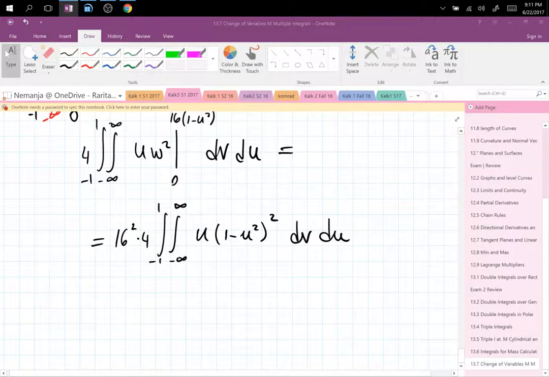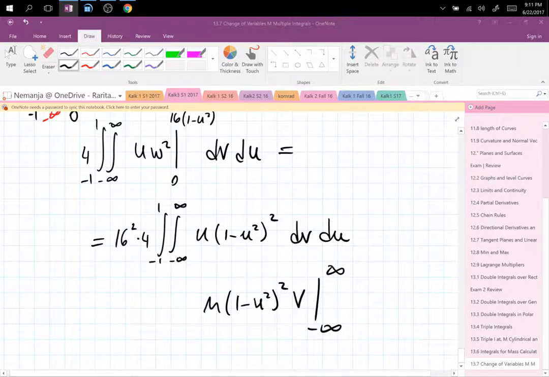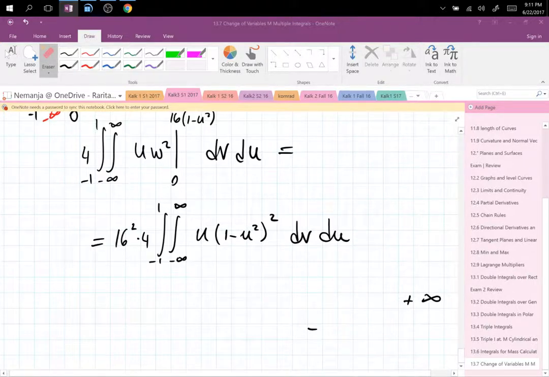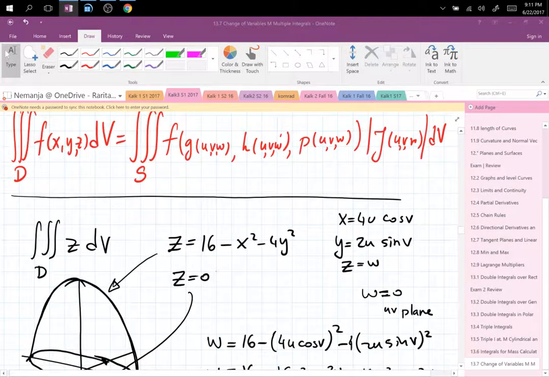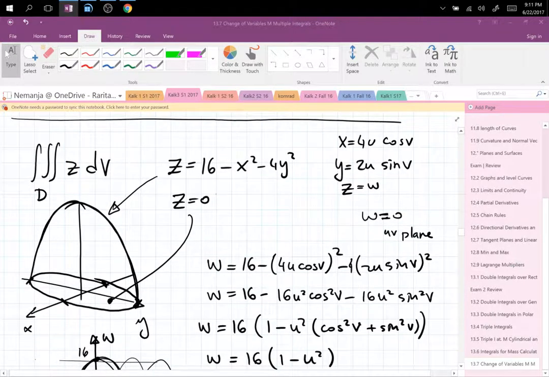No, we can't. That's the last integration. Now you are picking up v from the integral, and you'll have u times 1 minus u squared squared times v from negative infinity to infinity. So what you're getting here is infinity plus infinity for v's, right? So we need to figure out the limits for v. But I don't see where the equation for that is.